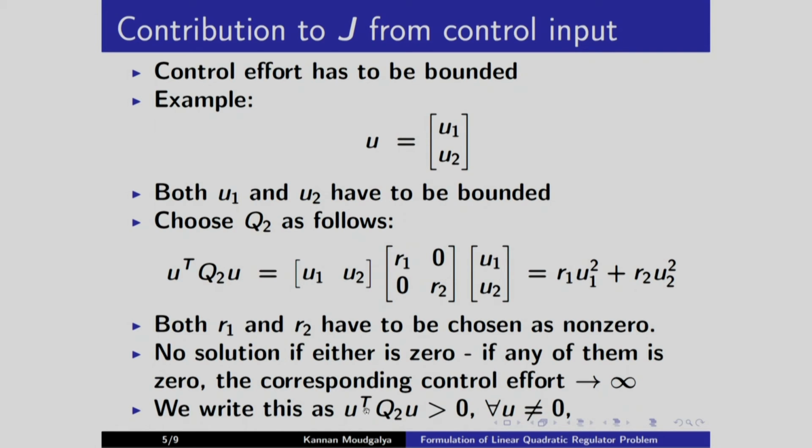So we write this as u transpose Q2 u greater than 0 for all u not equal to 0, or Q2 greater than 0. So we also call it Q2 is positive definite, whereas Q1 is positive semi definite, because we allowed Q1 to be greater or equal to 0 in the previous slide.